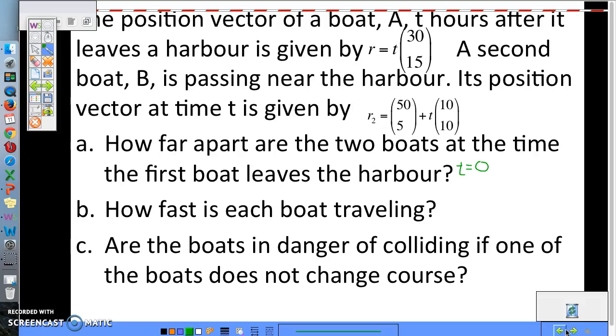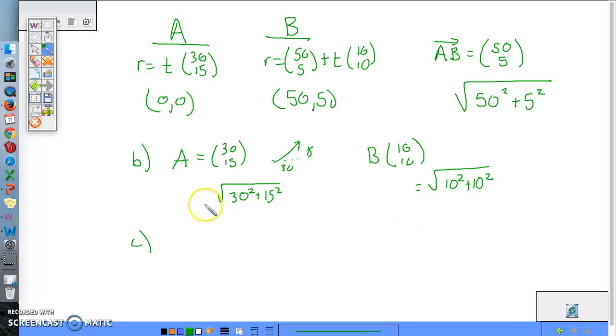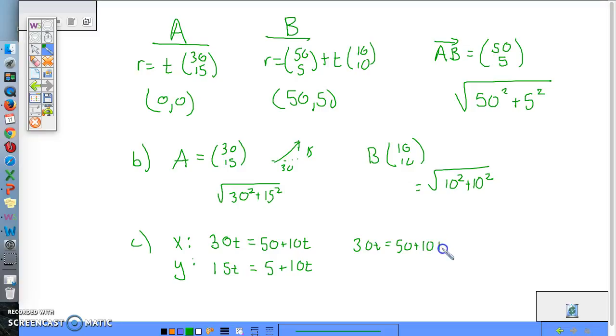Letter C: are the boats in danger of colliding? Let's check our x coordinate and our y coordinate. Our x would be 30t equals 50 plus 10t, and our y would be 15t equals 5 plus 10t. If we solve one of these, when does 30t equal 50 plus 10t?